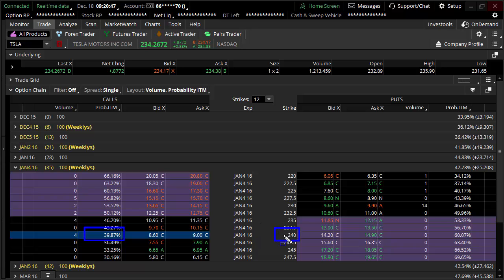For you to make money, you don't need a 240, you need a 240 plus the $9, which is 249, just to be able to break even. And if somebody said to you, hey, you've got about a 25% chance of getting your money back, you might not like that. So enter the vertical spread.